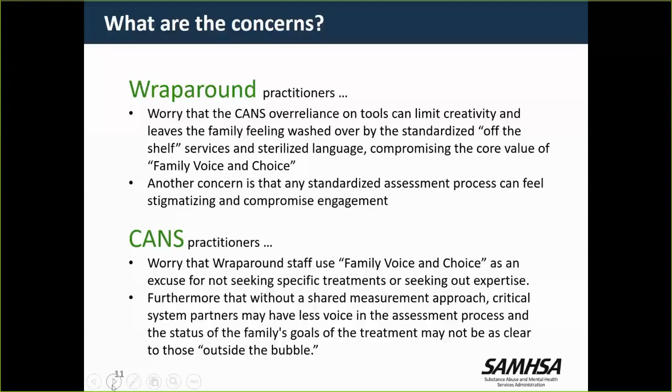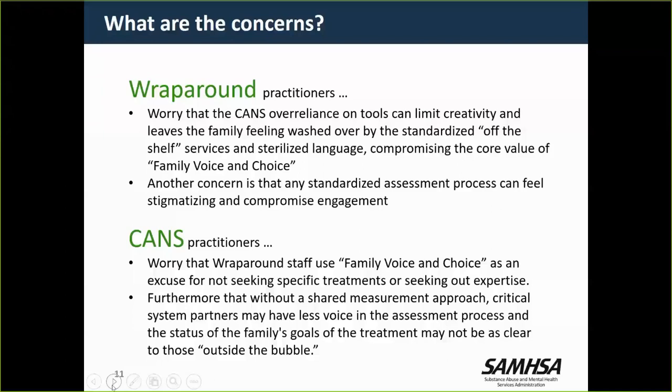And I think probably the biggest career surprise I've ever had in my life is that it's actually the parents who were pushing to make sure we included clinical jargon in the tool, because what they said was, don't talk to us in one language and then talk about us in a different language. And if you're going to talk about us outside of this team, teach us how you talk about us.